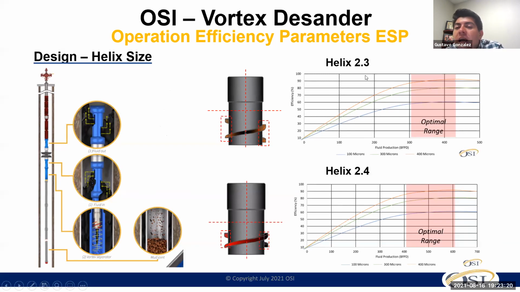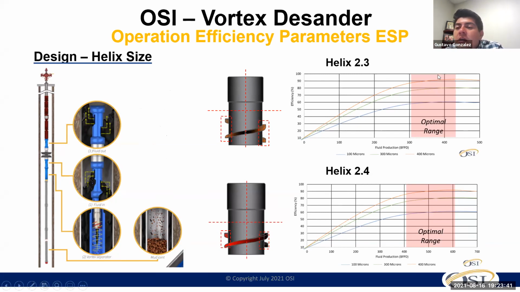So like this one, 2.3 helix, the recommended operational range could be, let's say, 300 to 450. That's the optimal range. It doesn't mean it's not going to work for any higher or lower rate.